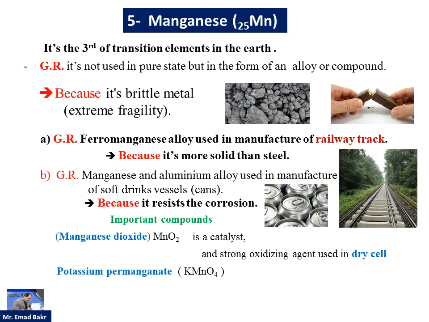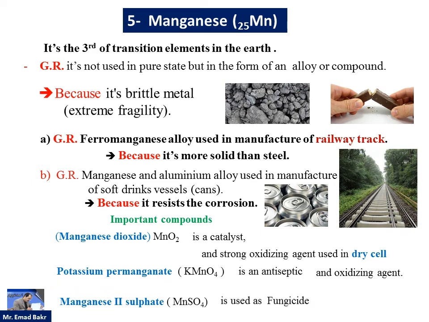Potassium permanganate KMnO4 is antiseptic, مطهر, and oxidizing agent. Also, we are going to use it in the next chapters. Next, manganese 2 sulfate MnSO4 is used as fungicide, مبيد للفطريات.